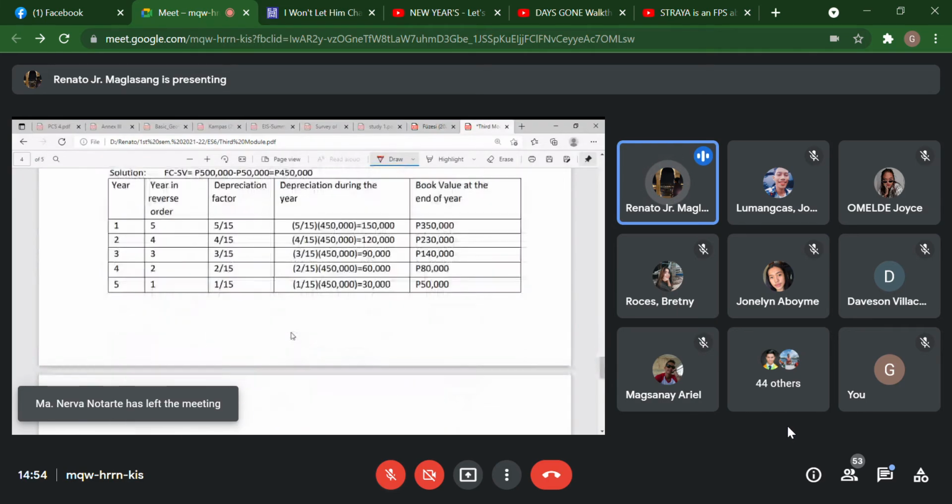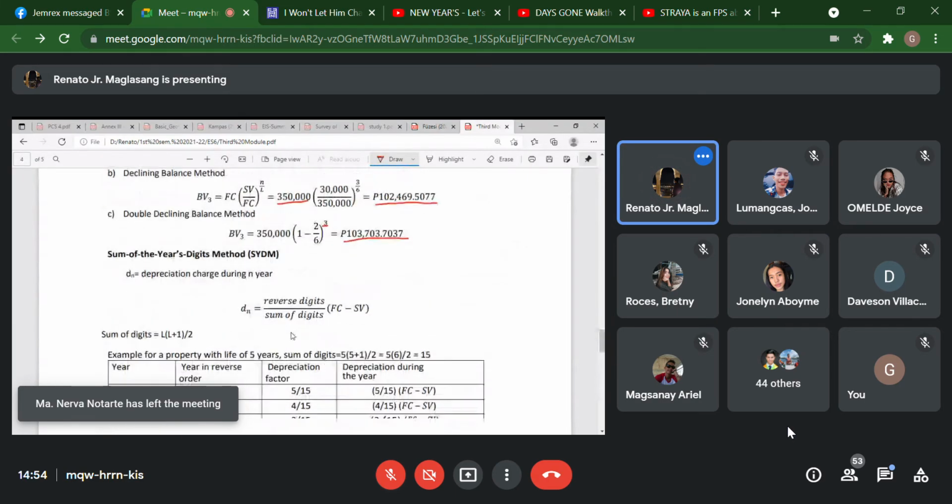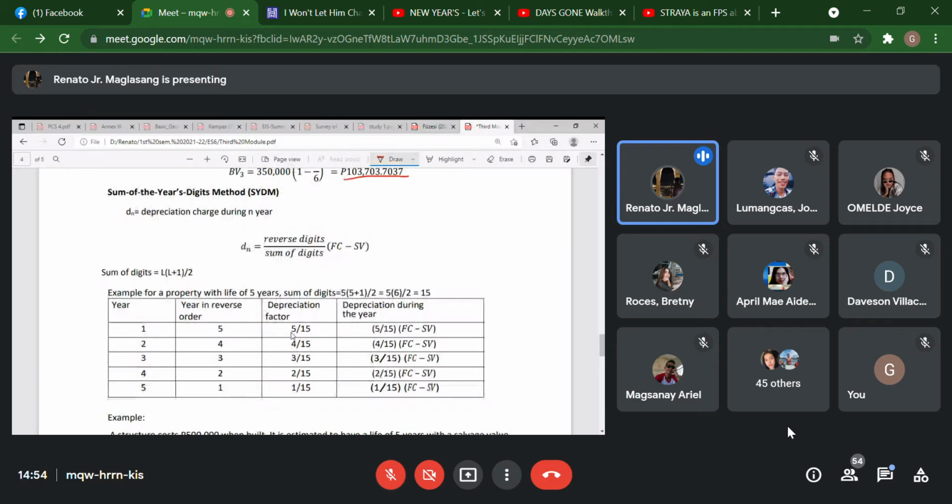So the last method is the sum of years digit method. Again, D sub n is the depreciation charge during the nth year. The equation is D sub n is equal to reverse digits over sum of digits times the quantity of first cost minus salvage value.